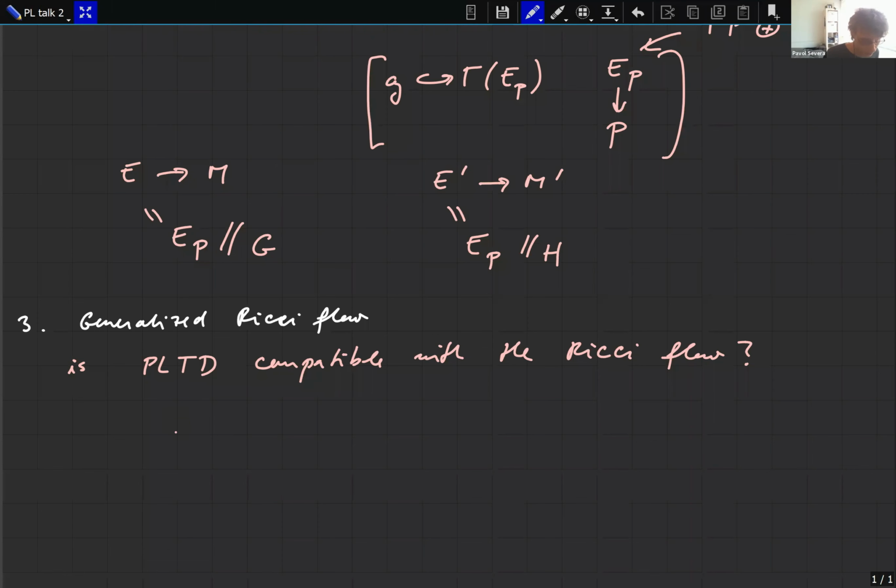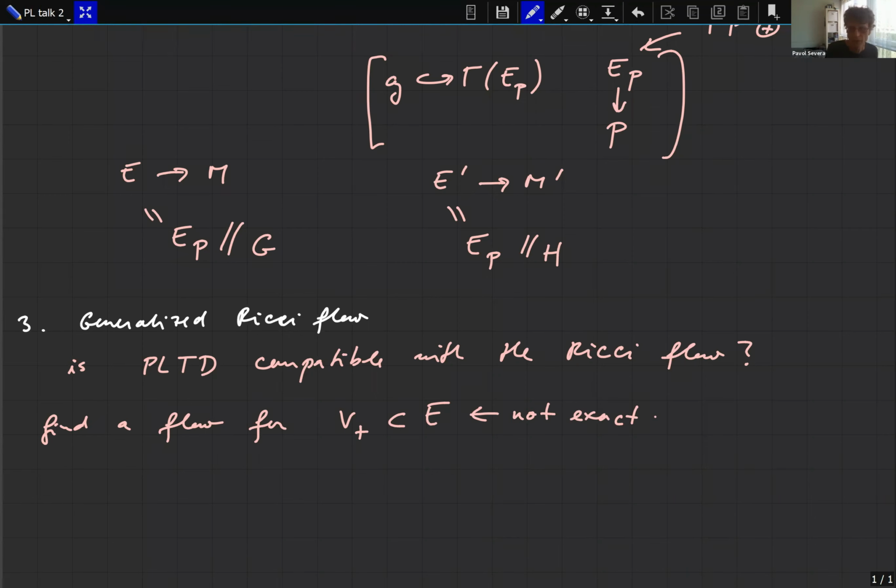But how can one show it? It's a super simple thing. The idea is simply to find this generalized Ricci flow, a flow for now an arbitrary generalized metric, not necessarily exact.